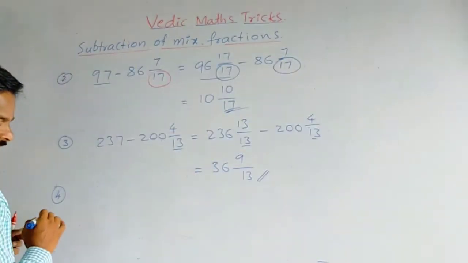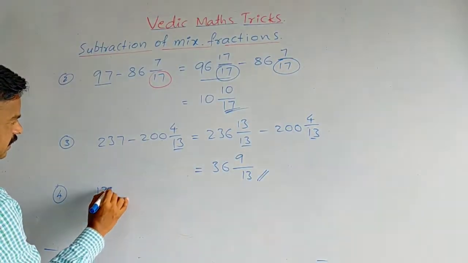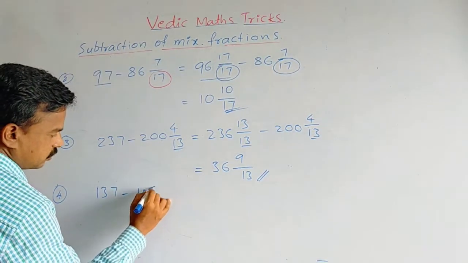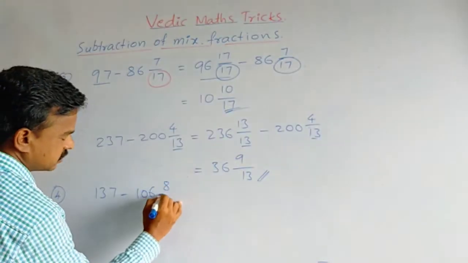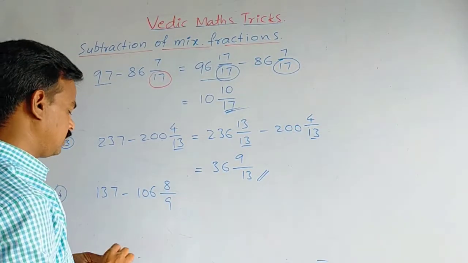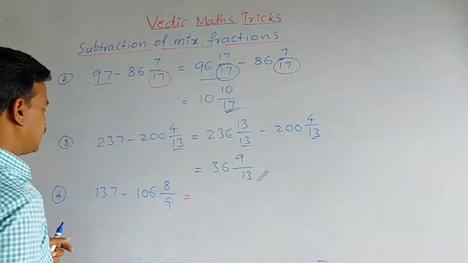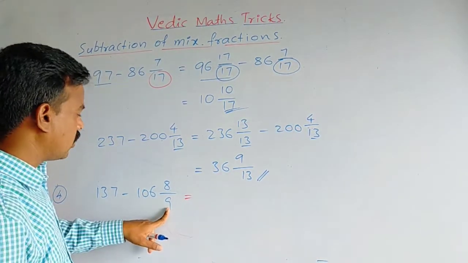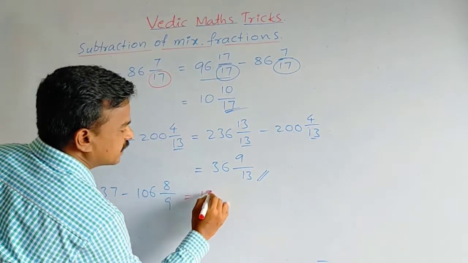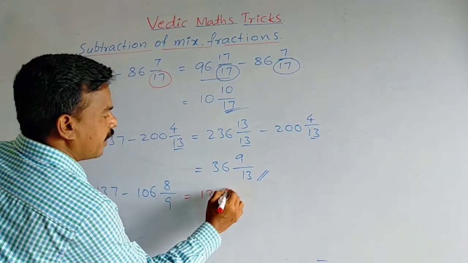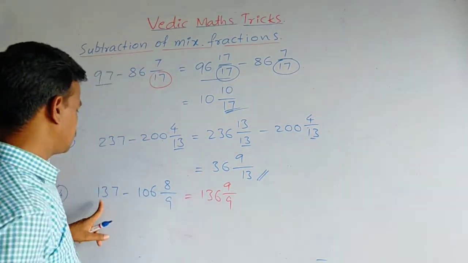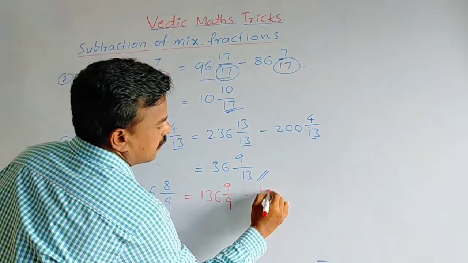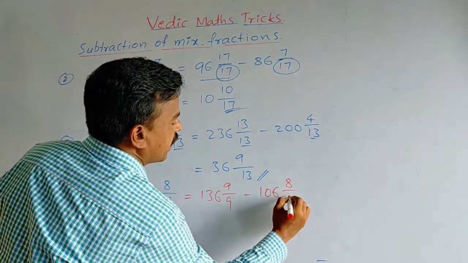I am taking one more example, the last: 137 minus 106 8 by 9. Here 9 is the denominator, so we write 137 as 136 9 by 9, minus 106 8 by 9.